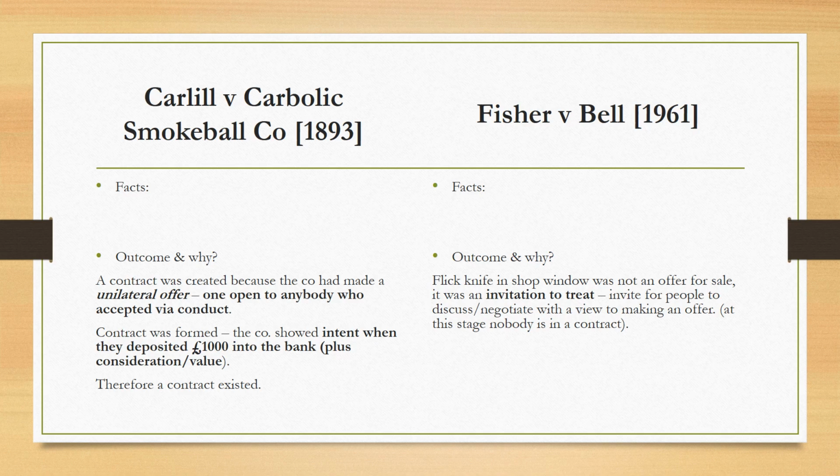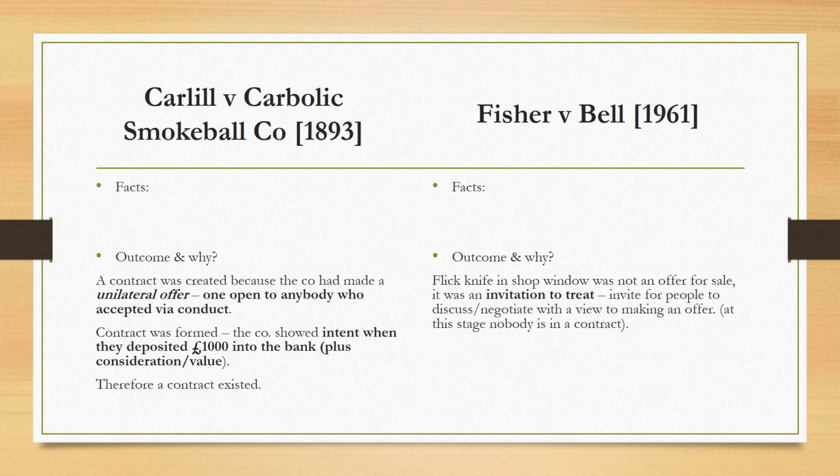You wouldn't expect people to come and knock on your door and say, hello, I am about to go and look for your pet now. You would expect them to just look for your pet. So the conduct, and in Mrs. Carlyle's case, the conduct of her buying the smoke ball was her acceptance. So a contract was formed. What they also did, which is interesting, is they relied on other elements of formation to make their decision as well.